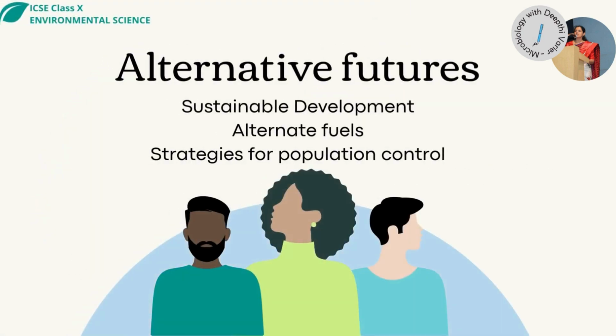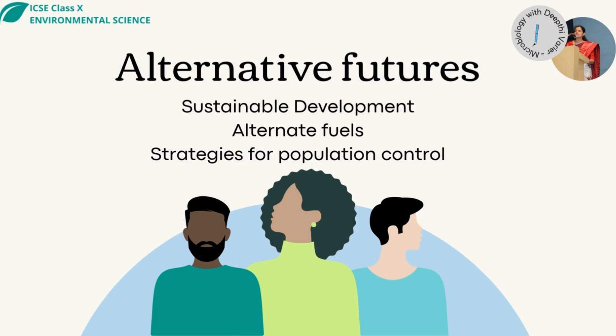So there are certain alternatives that we can have. We can choose an alternative future if we are able to achieve the low projections that have been given by the UN. The UN has projected in three different variants. They have given a low projection of the population, a medium projection, and a high projection. If we are able to achieve the low projection of the population given by the UN, then we will have an alternate future.